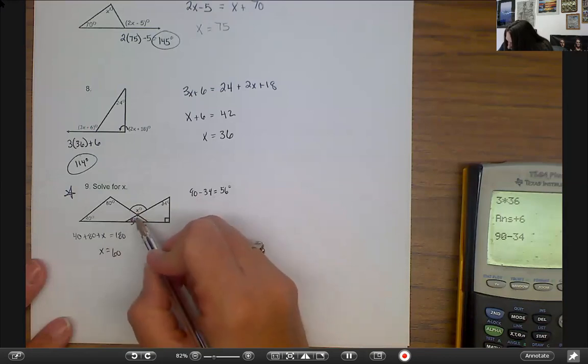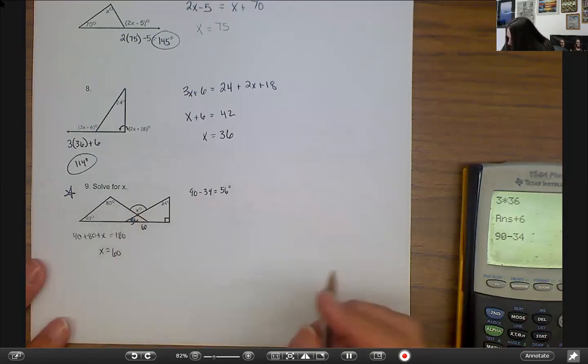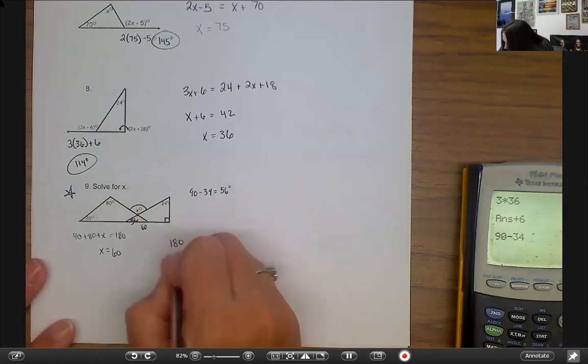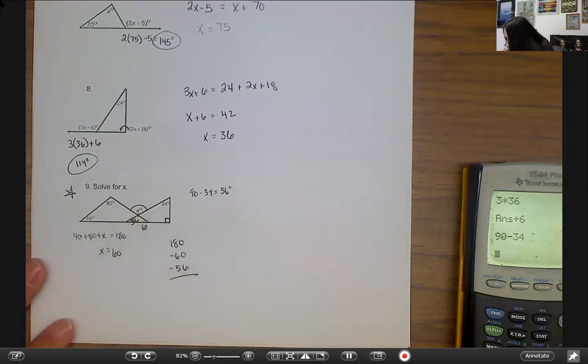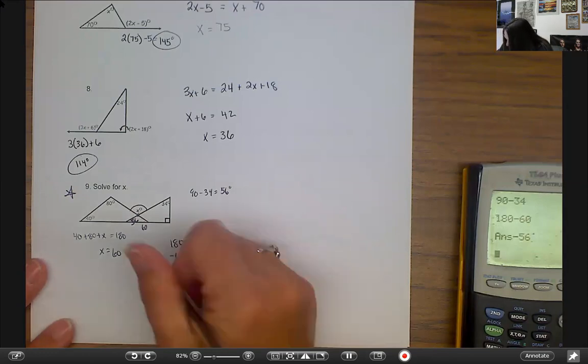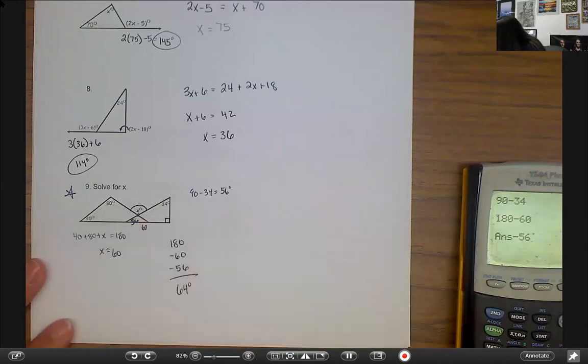And then we'd have an angle right at the top because this is a little triangle, which also has to be 180 degrees. So I would take 180, subtract 60, and subtract 56 to see what that angle at the top would have to be. 180 minus 60 is 120. Minus 56 would leave us with 64 degrees up at the top.